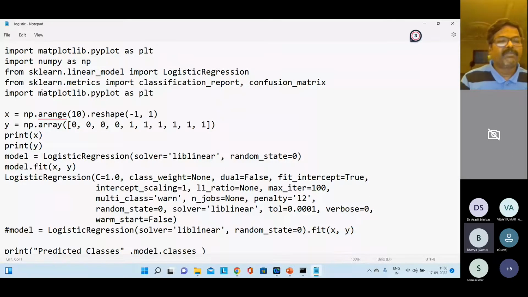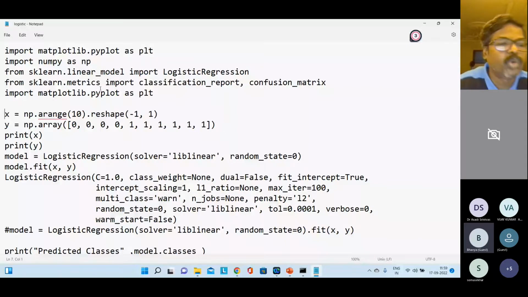So I'm calculating various parameters like class weight, dual, intercept scaling, multi-class, and random state. I'm using various parameters in order to demonstrate.